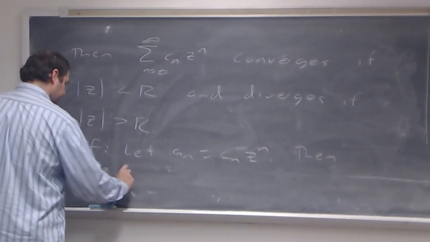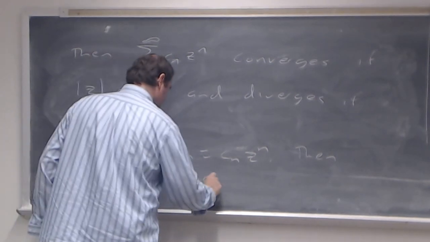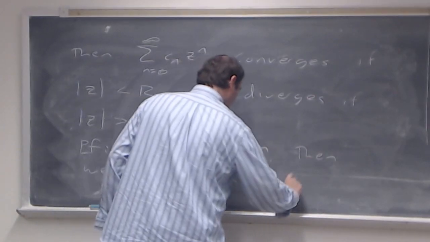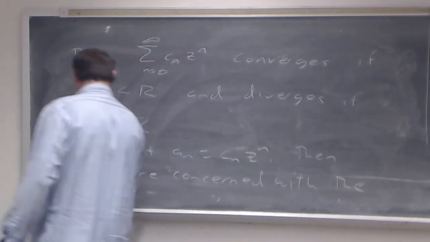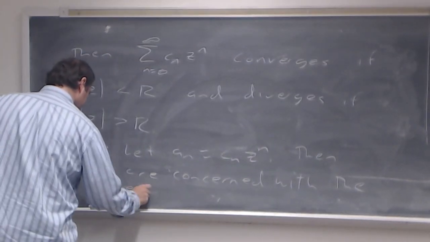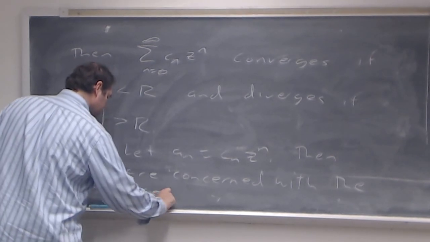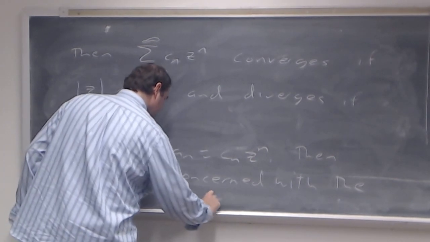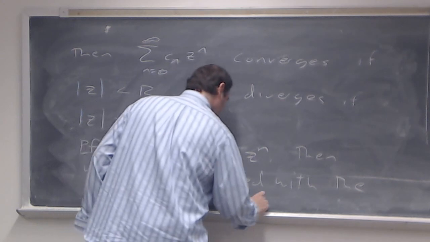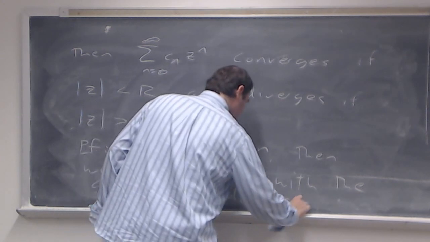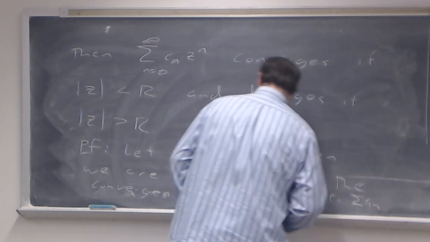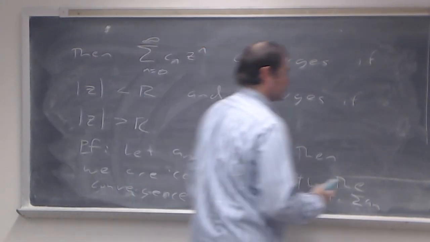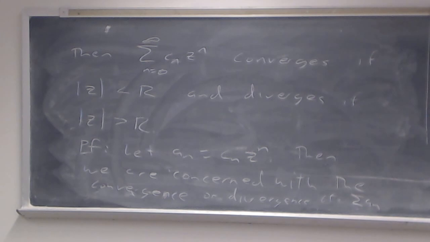We are concerned with the convergence or divergence of the series, which is just the sum of a sub n. Okay? So this is just notation to simplify our problem.